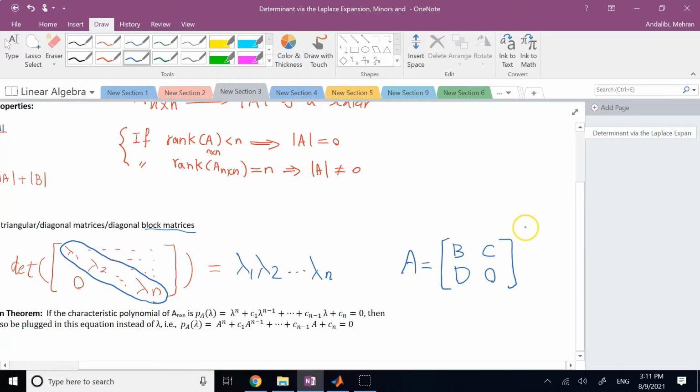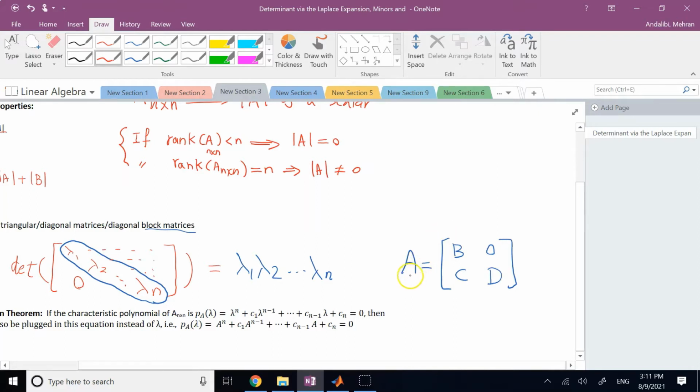Maybe I can write it as 0, C, and D to make it more similar to an upper or lower triangular. So you see this A is composed of these matrices B, C, D.